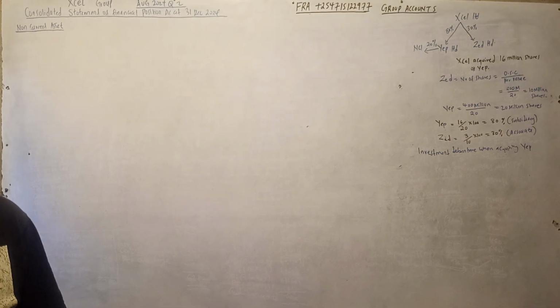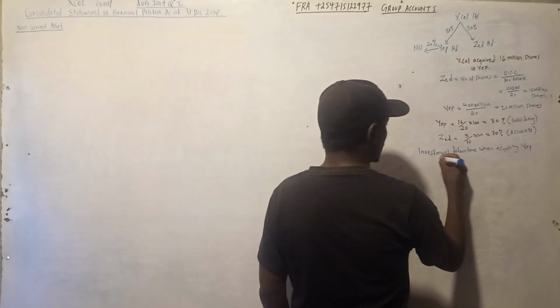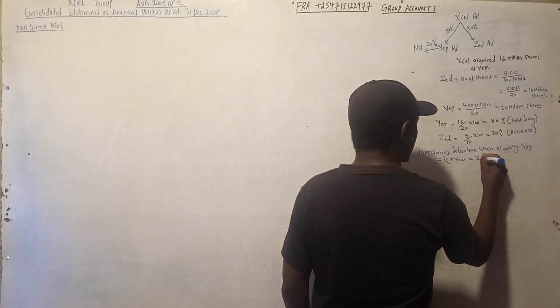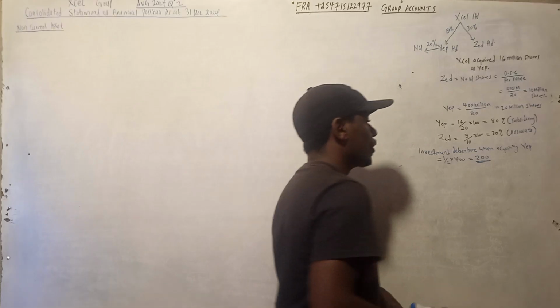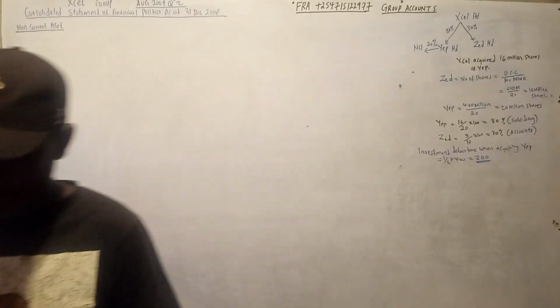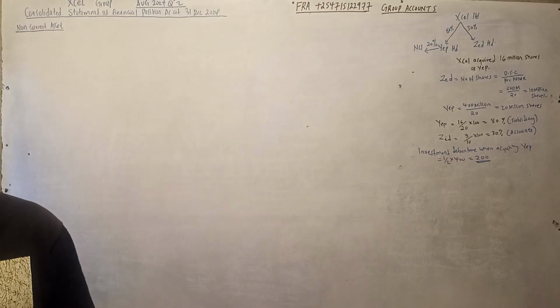If I go to our balance sheet for YEP, the 10% debenture is 400. So they invested half of the 400. So they acquired YEP also using the debenture. So how much did they pay? Let's look for purchase consideration.